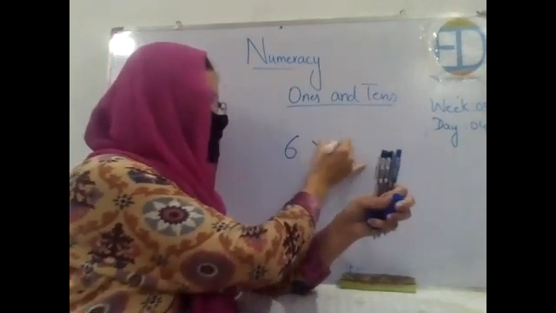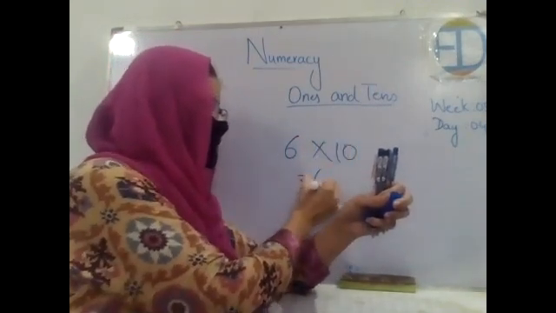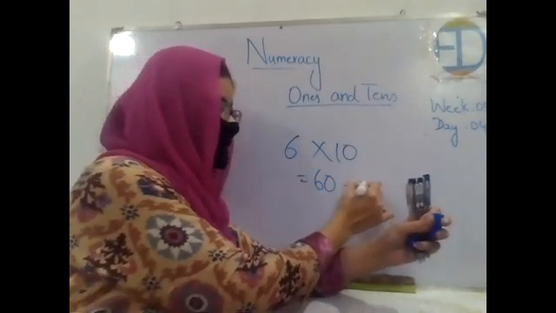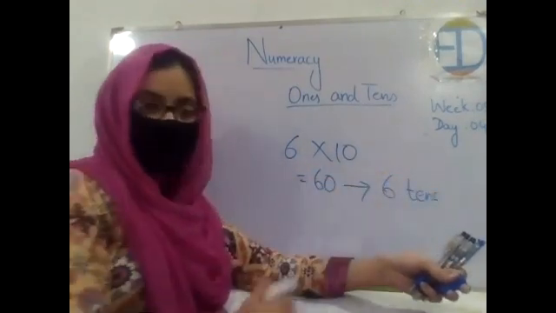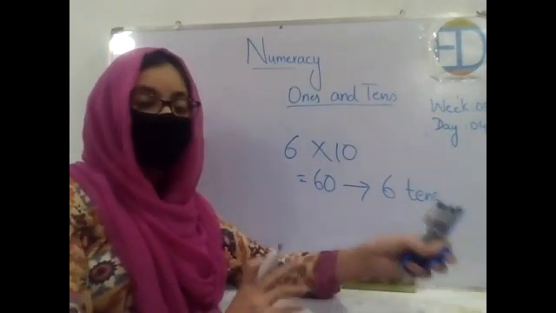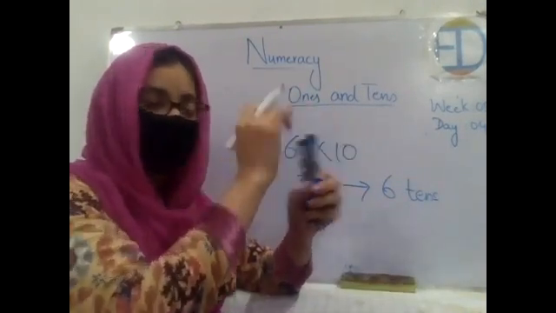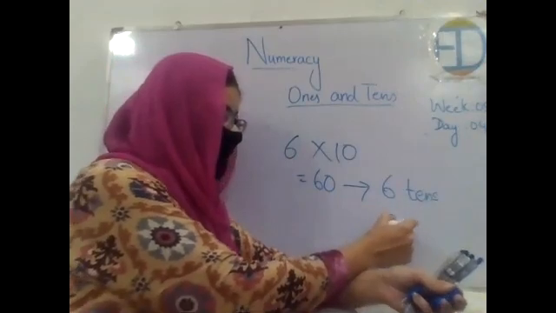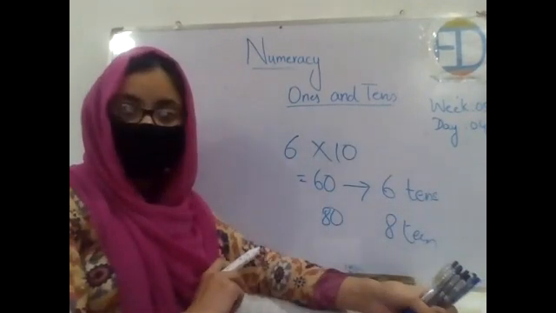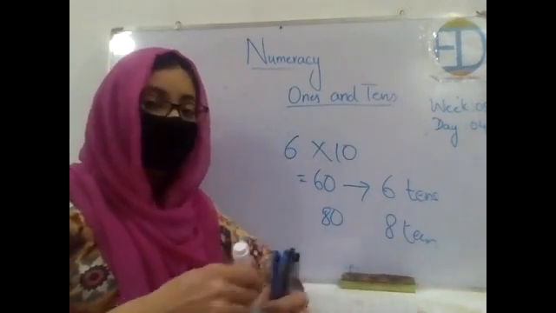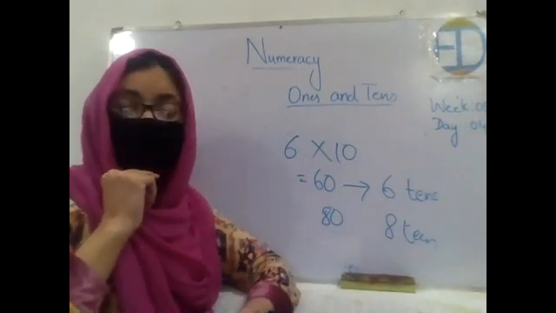So 6 multiplied by 10 is equal to 60, and 60 is equal to 6 tens, right? If we have 8 such bundles, then we have 8 tens, or 80 objects. Got it? So 1 ten has how many number of objects?